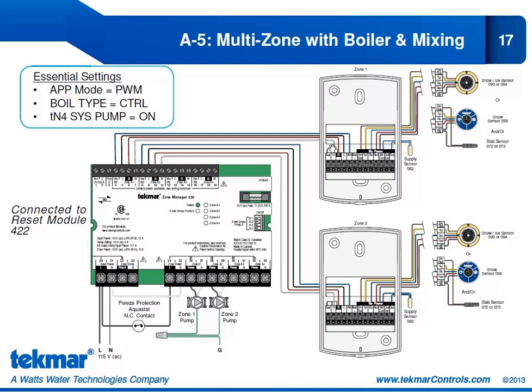Our heat relay is going to be going to the W for that zone input. Zone 2 is the same. We have TN4, C, and R from the Zone A2 input on the Zone Manager 336, coming over to the 654, TN4, C, and R. And again, the heat relay is connected to the W on that Zone A2 input.